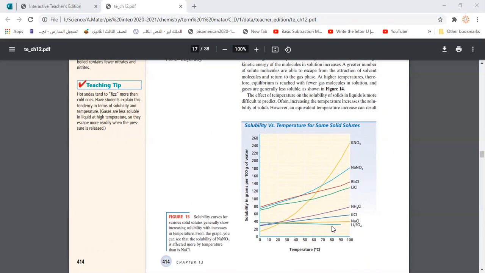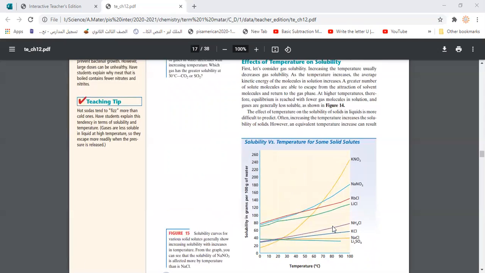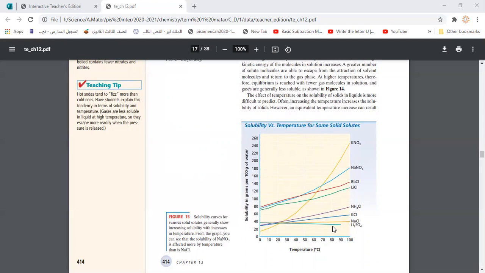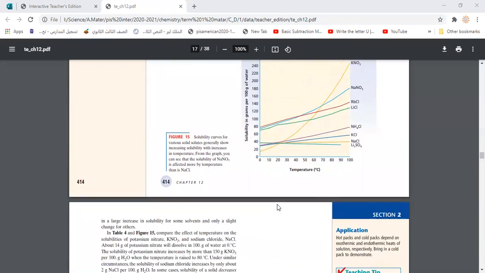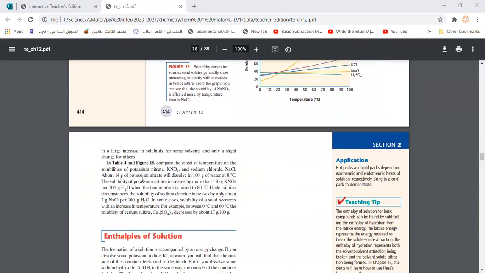So here there is not a specific rule that explains the rate of increasing solubility of solids in liquids by increasing temperature, but generally, what we could predict from that graph is that by increasing the temperature, the solubility of solids could increase. So to understand that, let's look at an example.